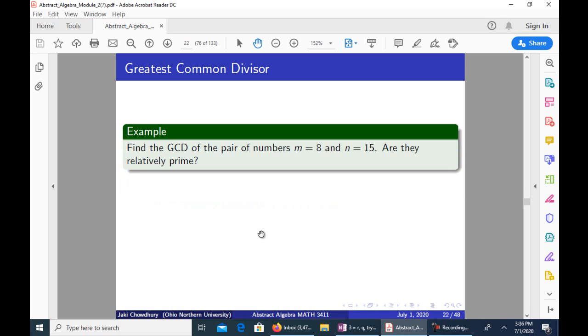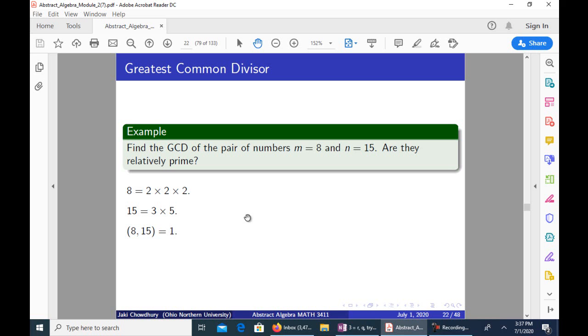Okay, 8 and 15, are they relatively prime? Well, let's look at it. 8 is 2 times 2 times 2, and 15 is 3 times 5. Notice that the factors of 15 don't divide 8, and the factors of 8 don't divide 15. So clearly the GCD of 8 and 15 would be 1, and they would be relatively prime.